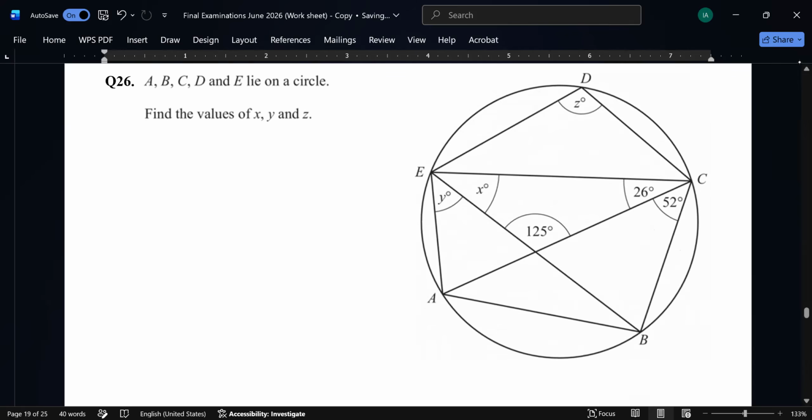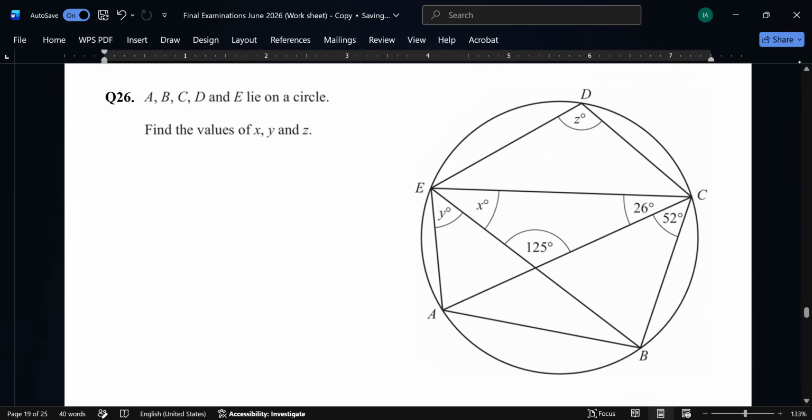Now the next question is number 26, and this is the last question for today's class. Okay, no diameter line, no radius line. If you look at the x, this angle and this angle and this angle, if we add all of them, we must have 180 because it makes a triangle. So I will add 26 with 125 and then subtract from 180.